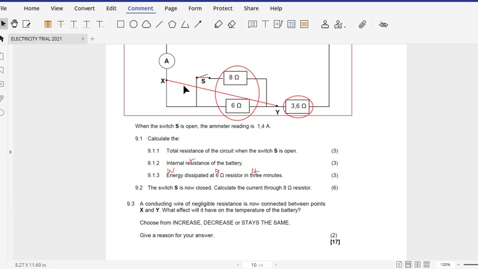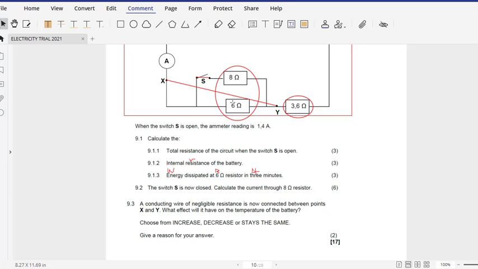Now this wire has a negligible or zero resistance. So what happens is that current always takes a path of low resistance. The current from the ammeter will no longer pass through this path, but it's going to pass through the wire, which means that the 8 and 6 ohm resistors are not going to have current.